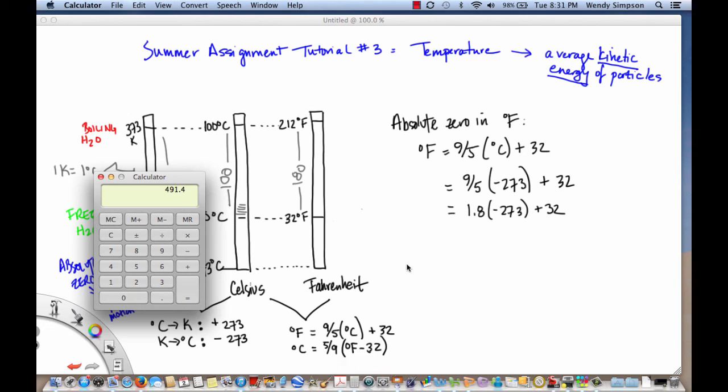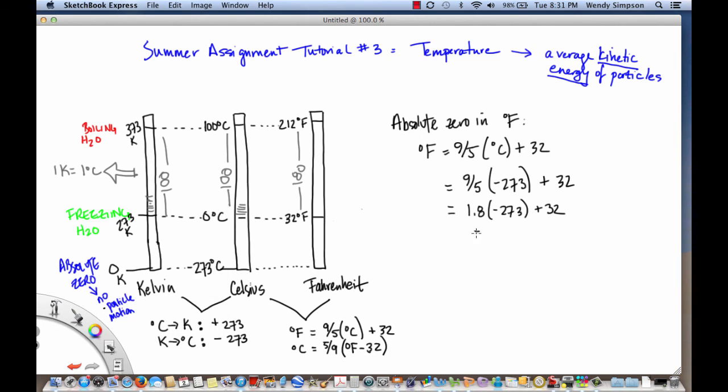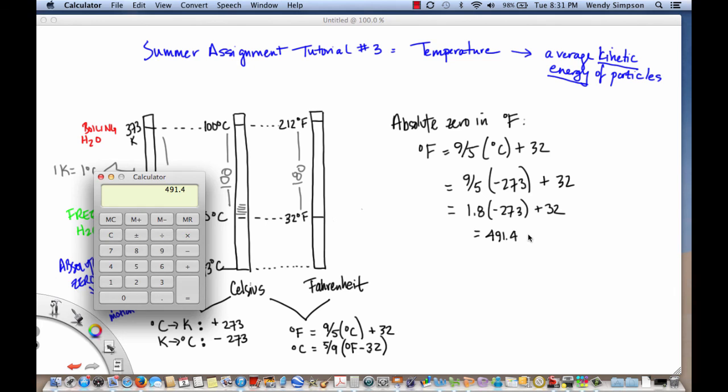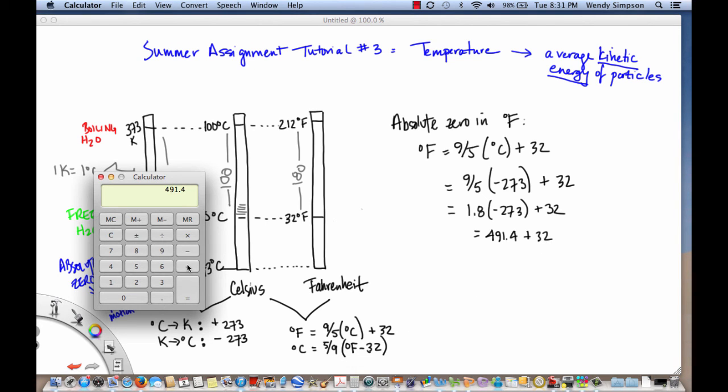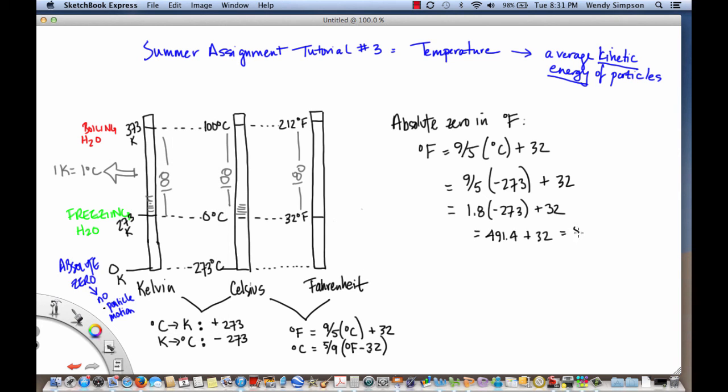1.8 times minus 273 is equal to 491.4, I think that's what it said. Let me pull this up again. Yes, and I'm going to add 32. That gives 523.4, but this should be negative, because 1.8 times minus 273 is negative 491.4. I think I made a mistake.